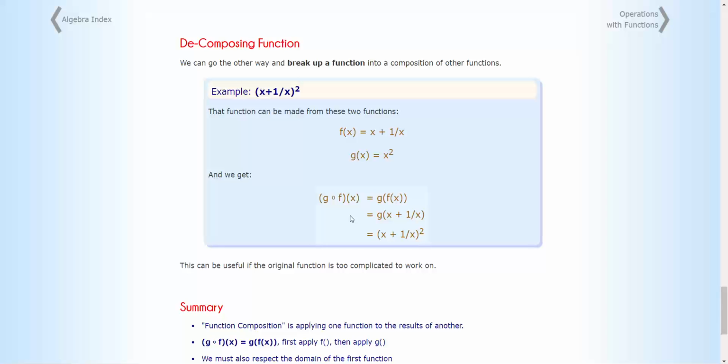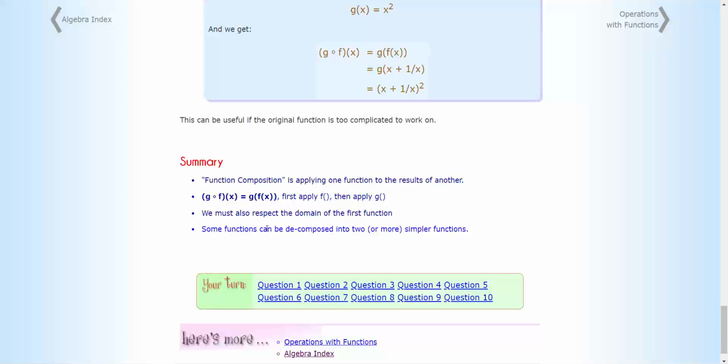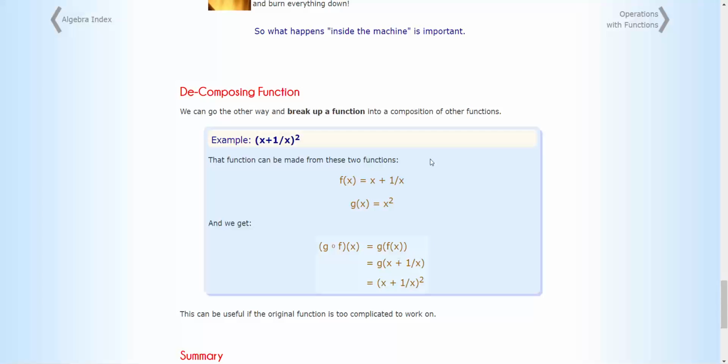I didn't know that was possible. Note that some functions can be decomposed into two or more simpler functions. I think it would be easy if you have the set of domains that work with it.